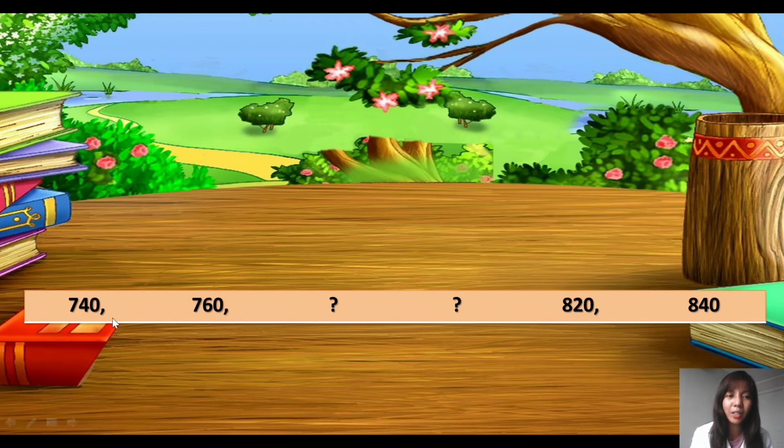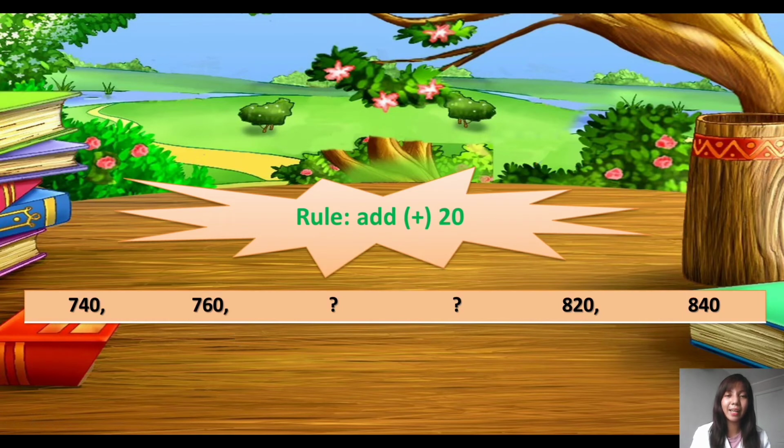Okay, from smaller number, it becomes bigger number. So, add. Let's add 20 each time in this number sequence. So plus 20. Alright, so 740 plus 20, it becomes 760. 760 plus 20.